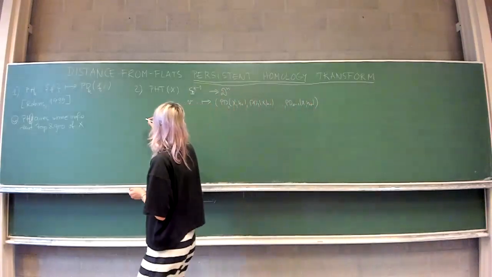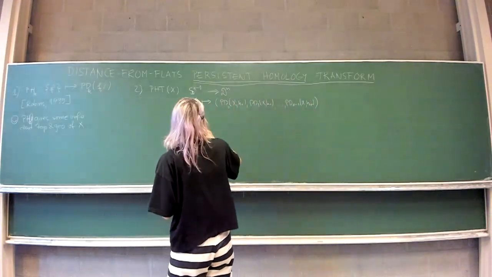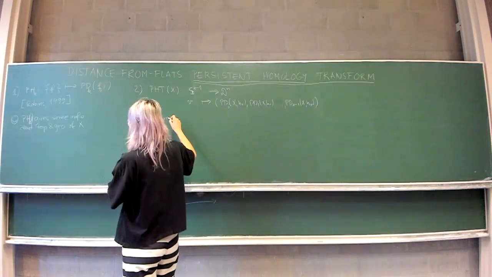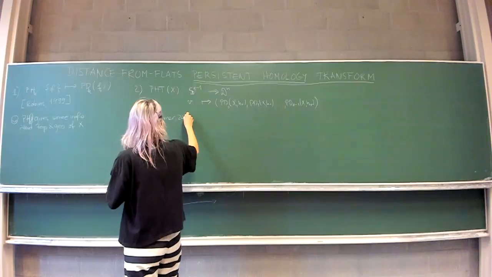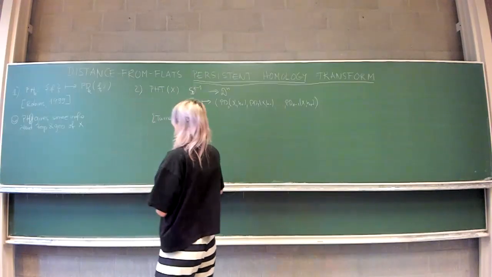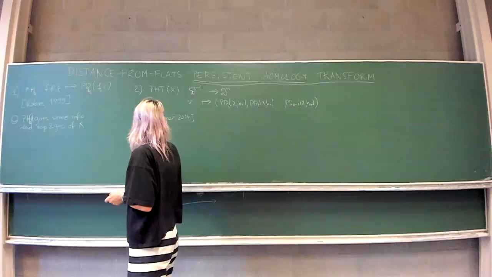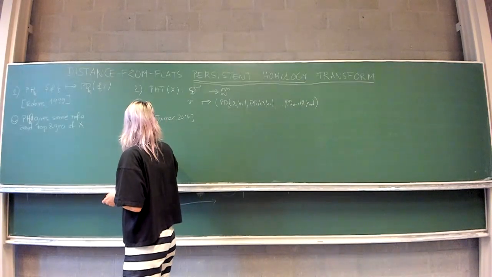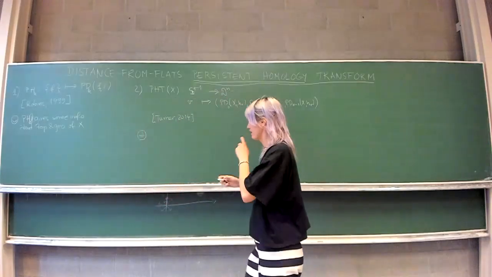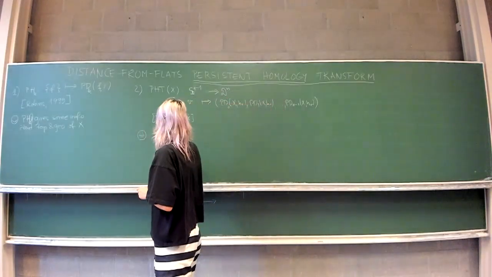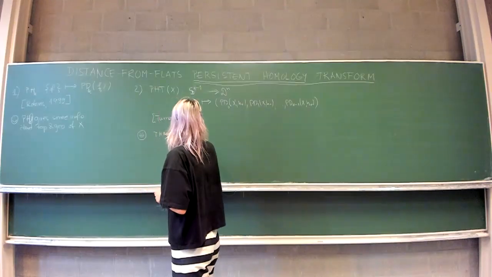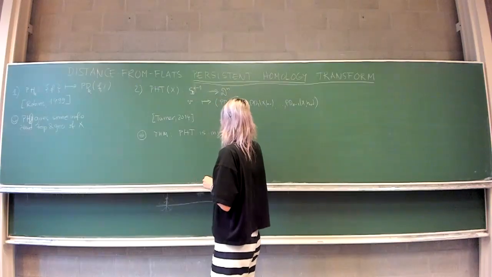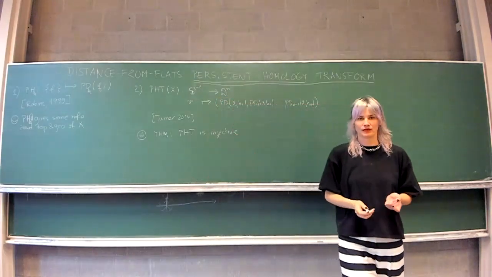And why is this cooler? This was introduced by Katharine Turner, Sayan Mukherjee, and others around 2020. What they proved is a theorem which shows that the PHT is injective.